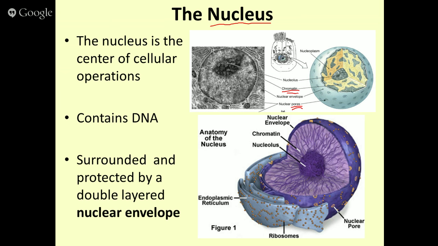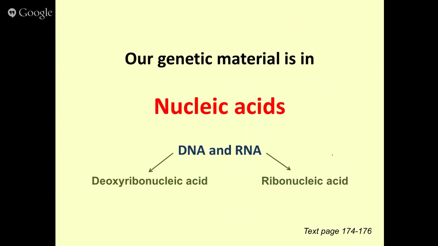And then if the cell starts to divide, the chromatin coils up and becomes chromosomes. Also inside your nucleus, there's an additional structure called the nucleolus. The nucleolus is where you're going to make your ribosomal RNA, and we're going to see later why we need ribosomes. So here's our nucleus, and it contains the DNA, the genomic DNA of the organism.